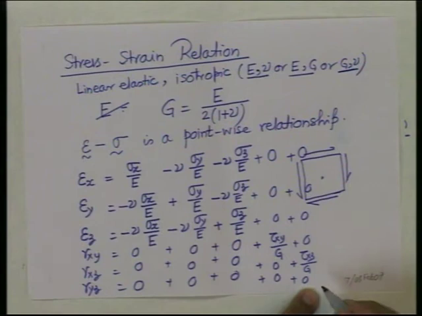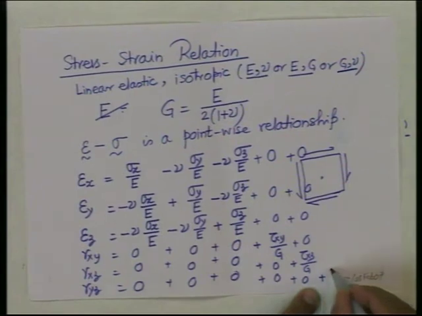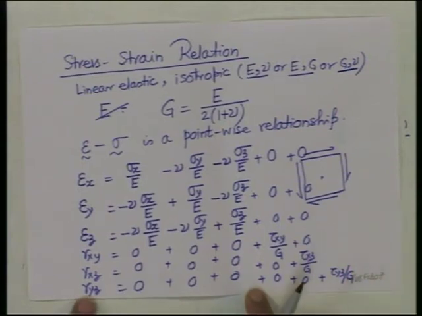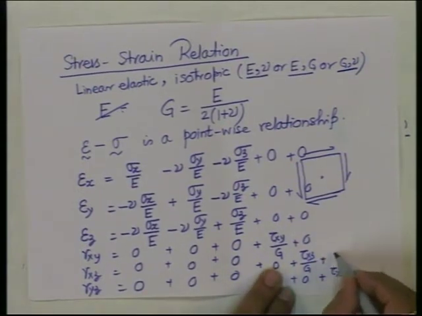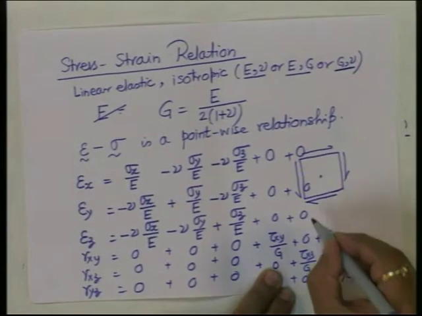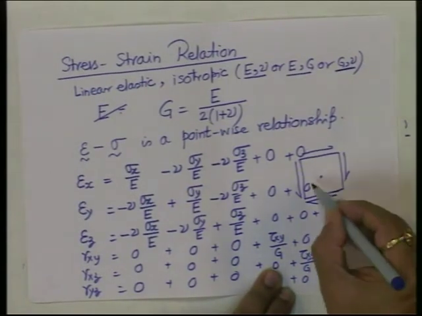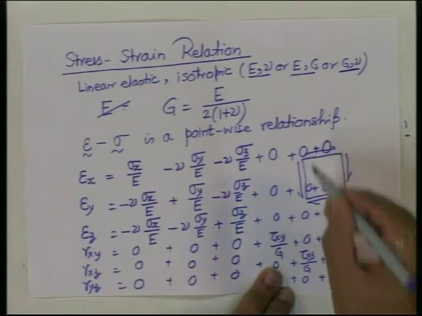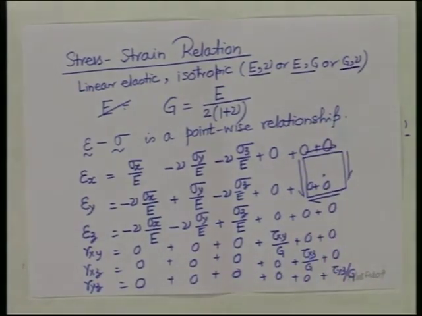Similarly, the last stress, tau yz, will produce only the corresponding gamma yz. It will not produce any normal strain or any other shear strain. So this completes the relationship for an isotropic material.